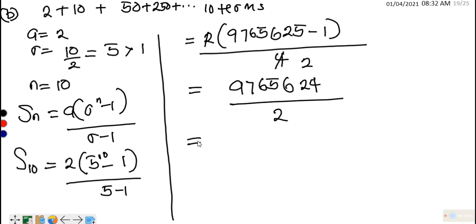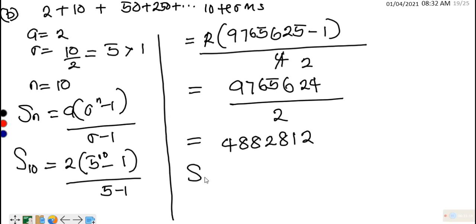And if we divide this expression by 2, guys, we have 4,882,812.